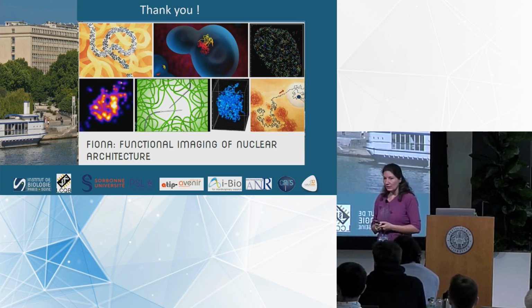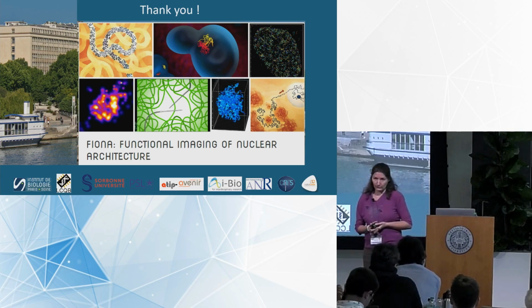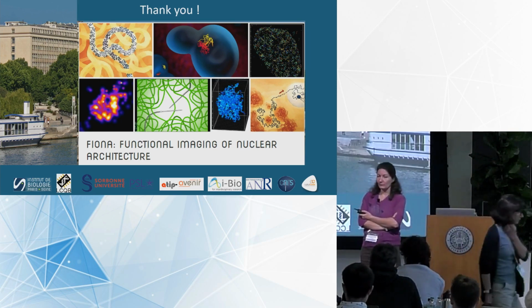What about H1? I'm just talking about H2B, which we are looking at. It's possible that there is a loss of histone for another one. That could be an interesting point to check. So indeed, actually, I didn't mention it, but in yeast, much more important than the core histones is the H1 homolog.